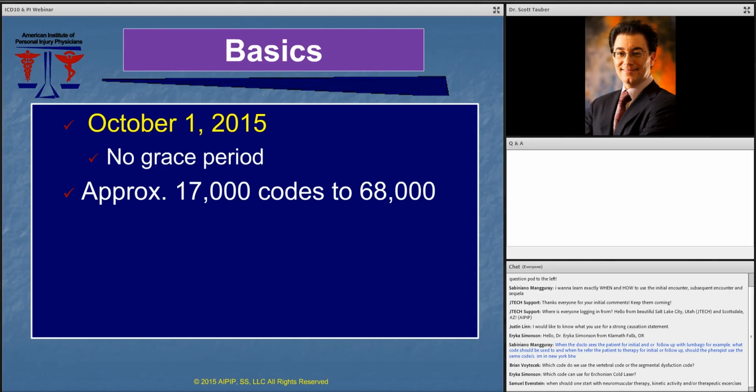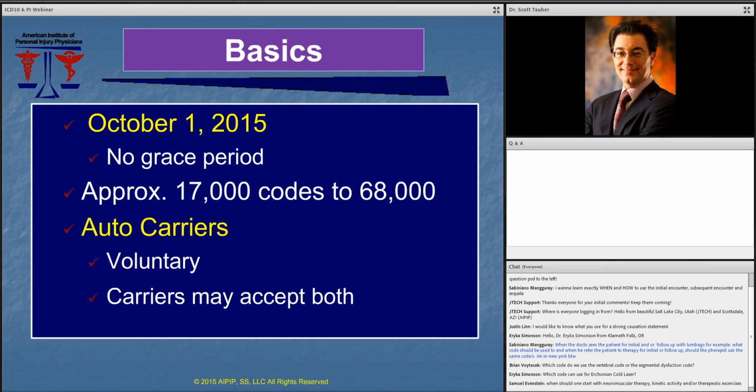Now, as far as the auto carriers are concerned, it is voluntary whether they choose to use ICD-10 or not. So carriers for a while may accept both ICD-9 and ICD-10. There are some carriers that have openly expressed that they will start to accept ICD-10 right away. And then there's others that are just kind of putting their toe in the water. But here's the bottom line, people.